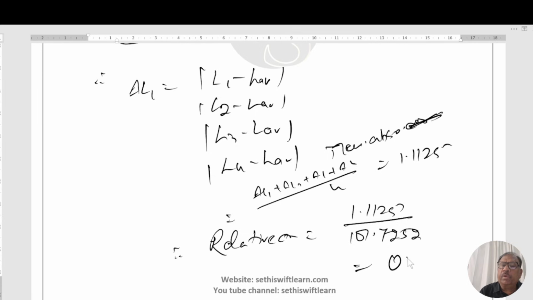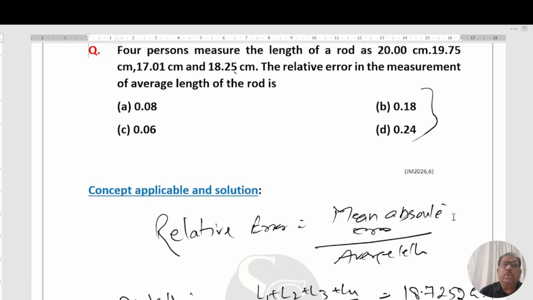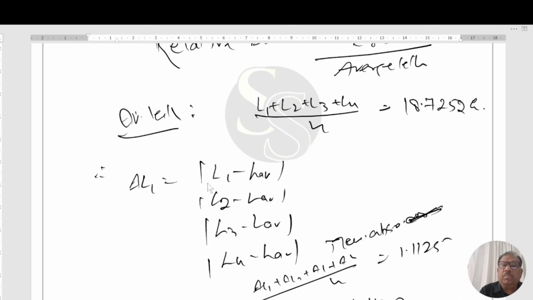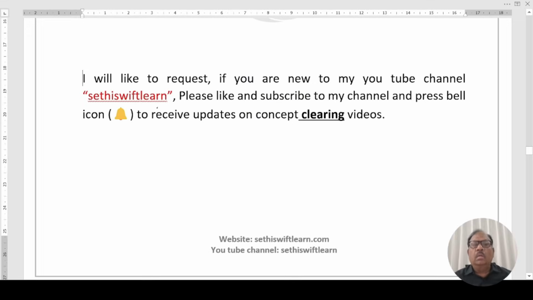That comes out to 0.06. This is the answer. C is the correct answer. These are modulus signs, meaning the answer should always be positive, right?